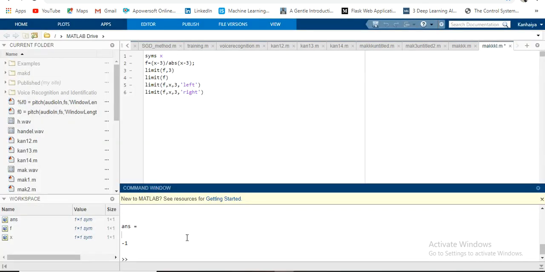Let's see, this is our answer, our left hand limit and right hand limit.